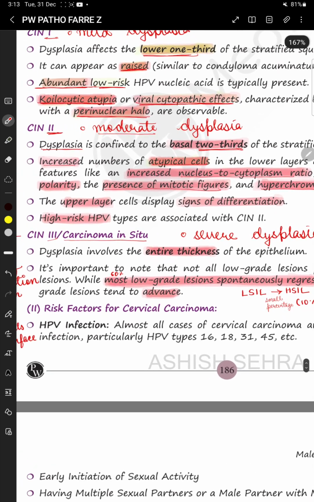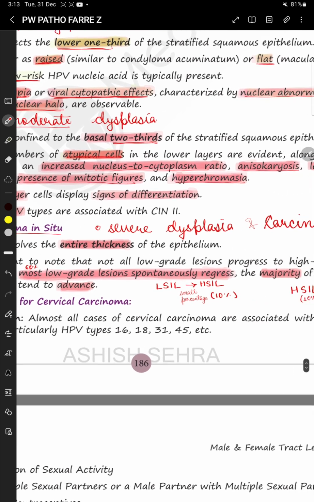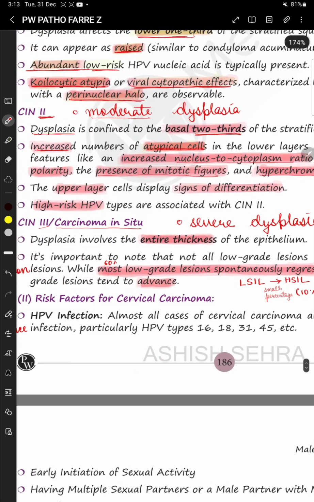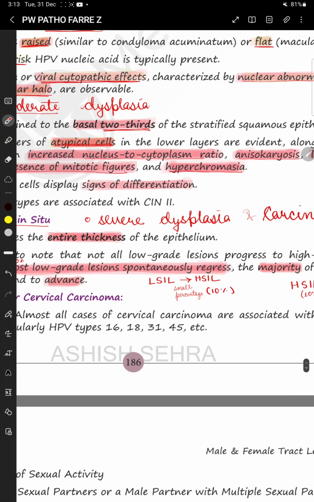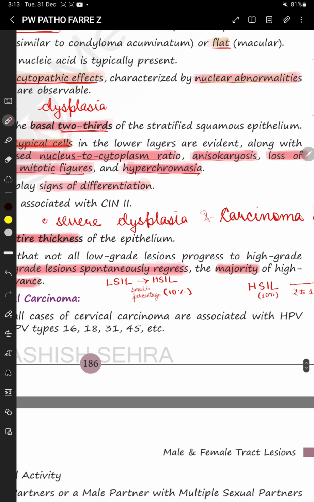CIN2 में increased number of atypical cells are there in the lower layers along with features like increased NC ratio, loss of polarity, presence of mitotic figures, hyperchromasia and anisokaryosis.